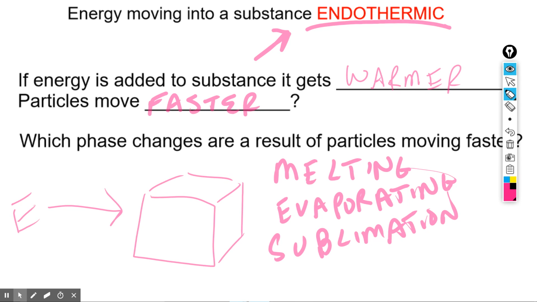Would you add energy? Would you make the particles move faster? If we think about our phase triangle, both of the ones going to gas, because that's the highest amount of energy. So sublimation on this side, evaporation on this side. And then solid to liquid, the way we had it drawn, melting also makes it warmer or particles move faster. So that's our three endothermic phase changes.